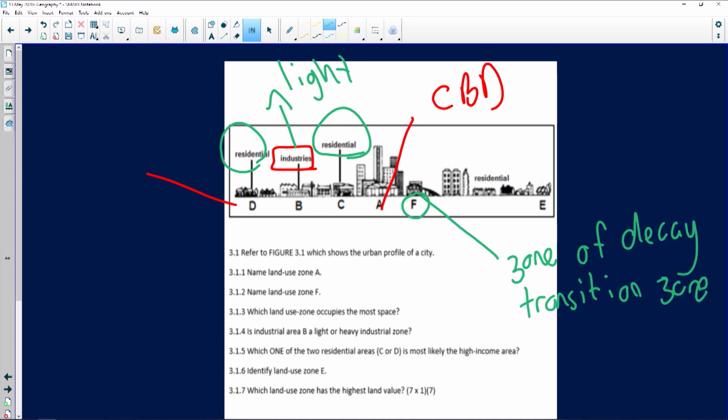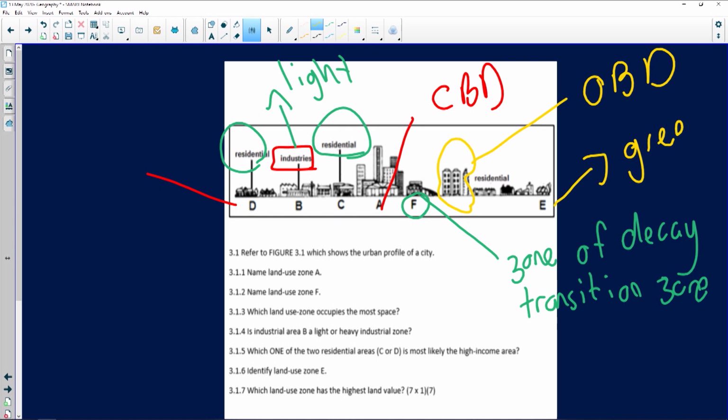Just to mention the tall buildings over there, even though they have not been lettered, we can identify them as the OBD, Outlying Business District. Once again, we've got residential areas situated next to the OBD, and then the letter E. It looks like trees are being represented over there, and I will mention that's green belts. We can also say the rural urban fringe.